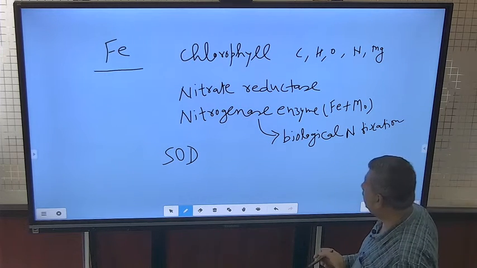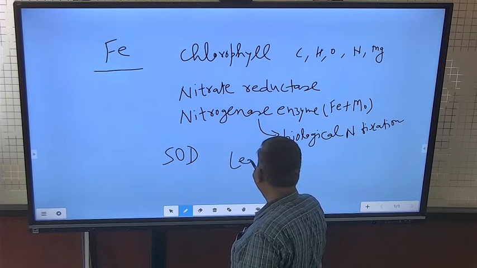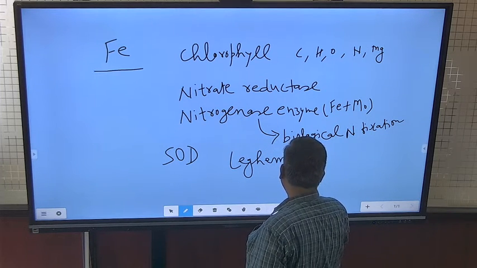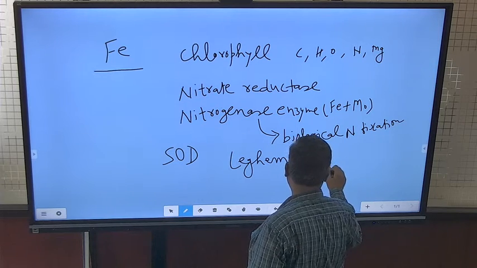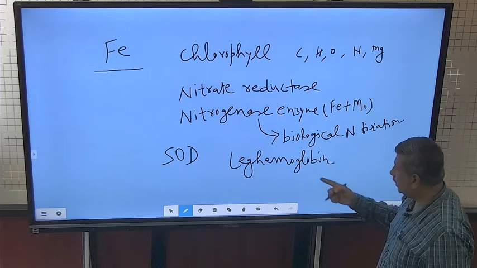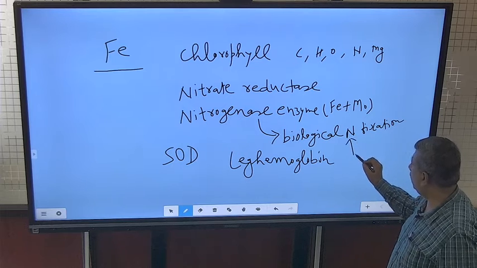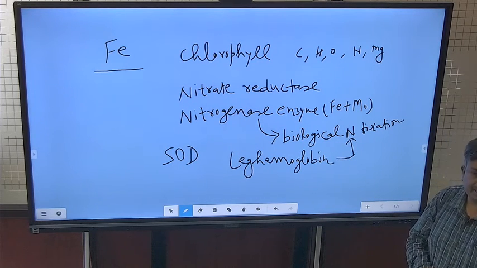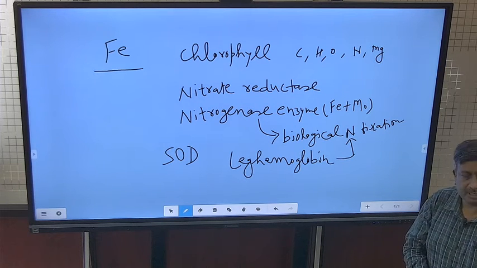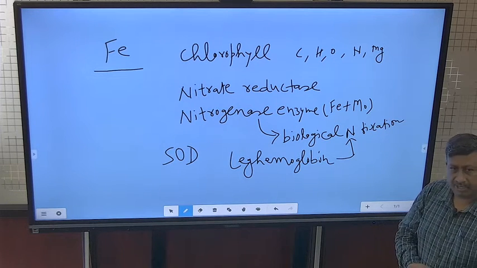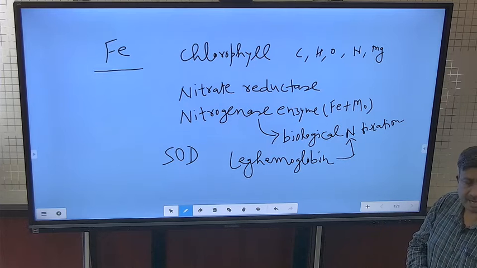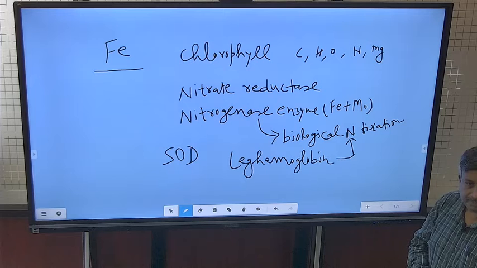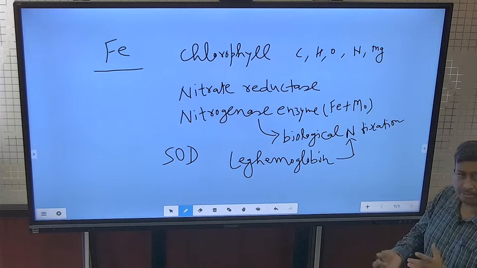And another important role is that it is a part of leghemoglobin, and leghemoglobin is a carrier of oxygen and is required for biological nitrogen fixation. In legume crops, for rhizobium bacteria, leghemoglobin is required for their functioning. So, that is why iron is very important for chlorophyll formation, nitrogen metabolism, biological nitrogen fixation and SOD production.